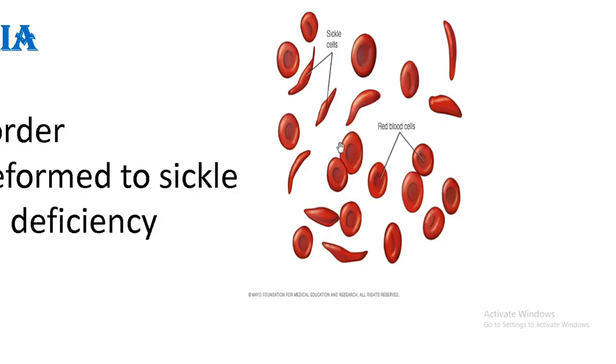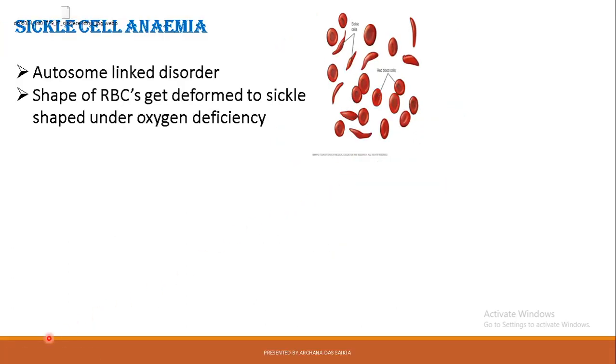These are the normal shape of RBCs, but under oxygen stress, if the person is getting less oxygen, then his red blood cells are likely to take a sickle shape. This type of shape they will take, and consequently what will happen? They will clog the blood vessels. That means they will block the blood vessels.